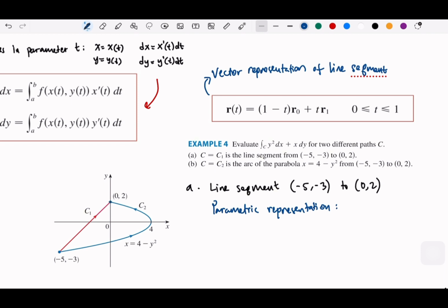If we take t from 0 to 1, basically we plug in the initial and end points for x and y, so that x will be 5t minus 5, and y, from -3 to 2, will be 5t minus 3.